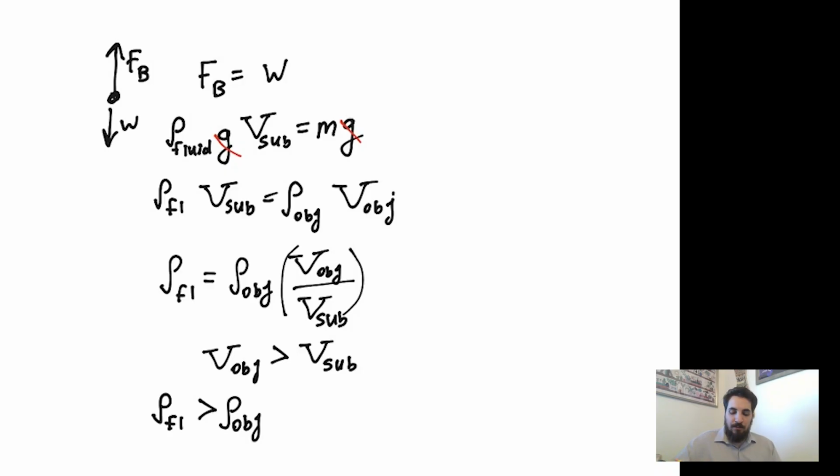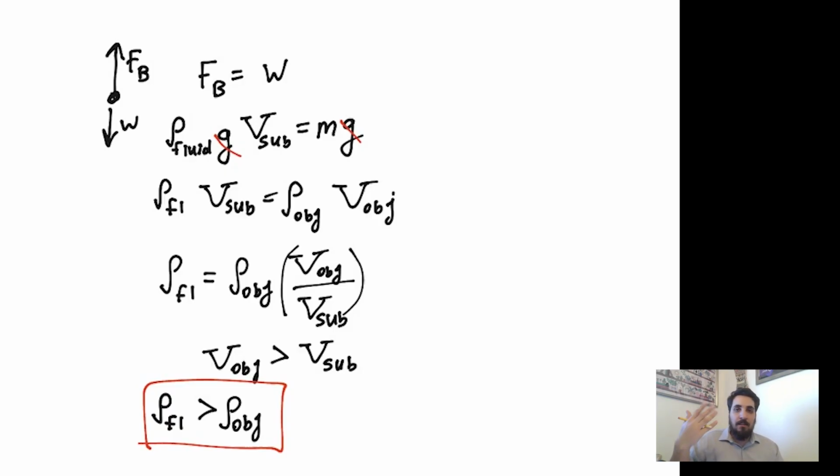And if our object is floating, well, then that means that our fluid must have a larger density than our object. So we think of an object that floats, and what's important is not that it's less massive than an object that sinks. Rather, what's important is the comparison between the density of the object and the density of the fluid. And this gives us our relationship for an object that floats.